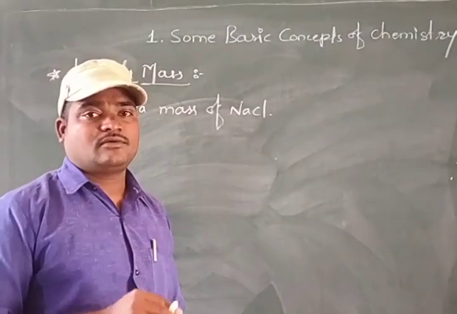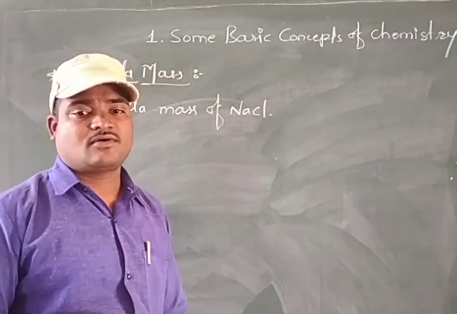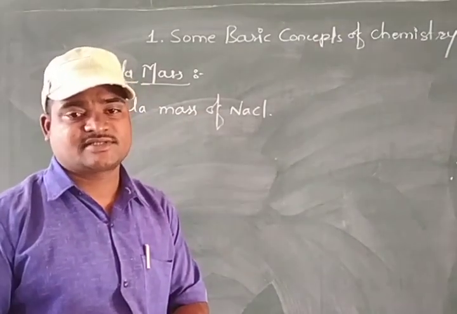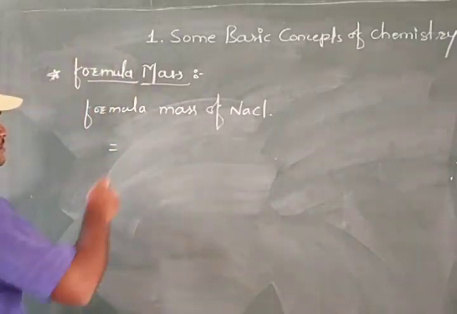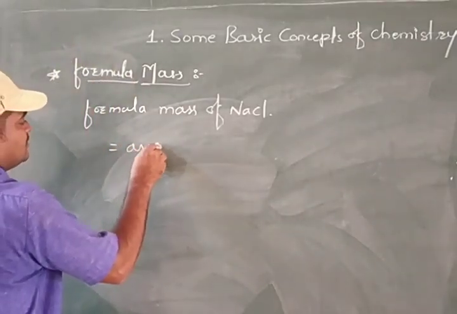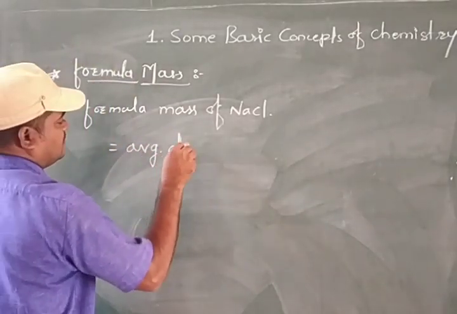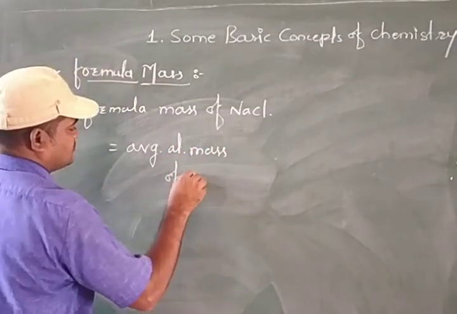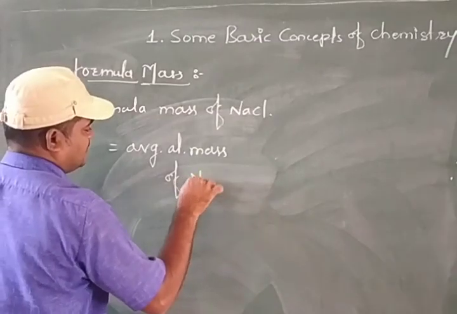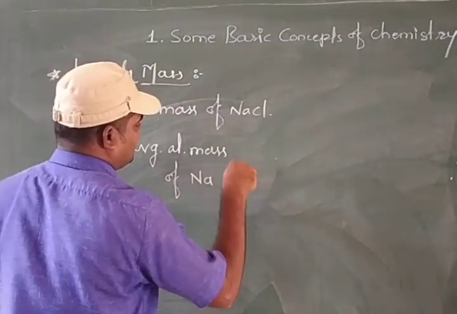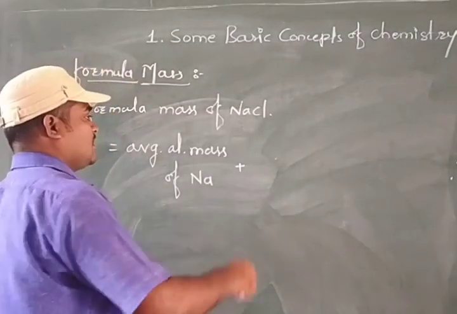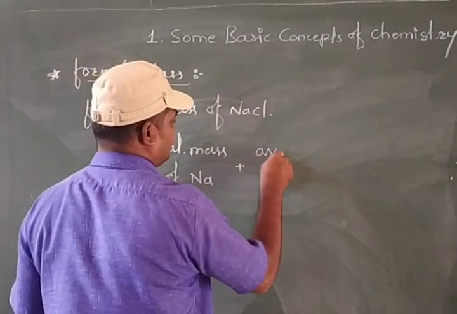First of all, I will write its formula: average atomic mass of sodium, Na, plus average atomic mass of another element, that is chlorine.